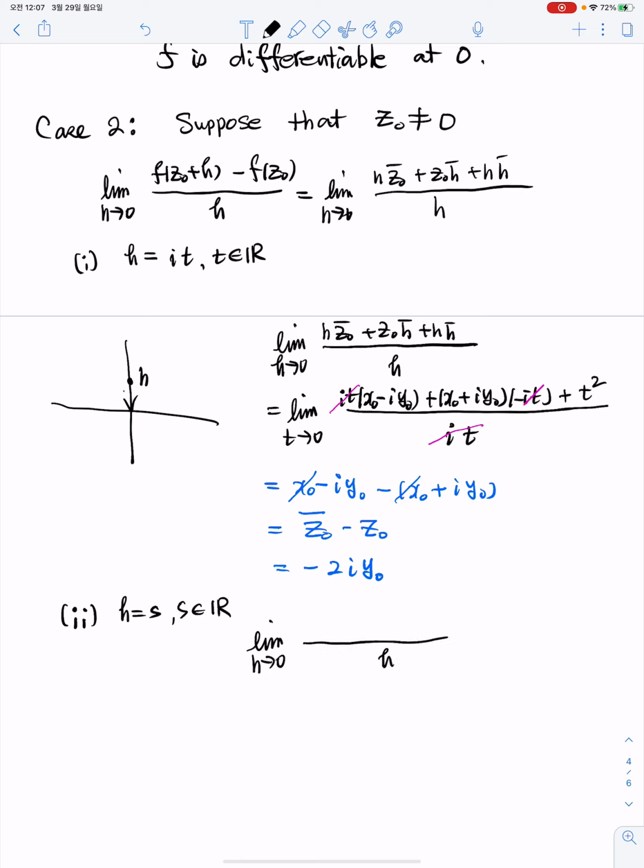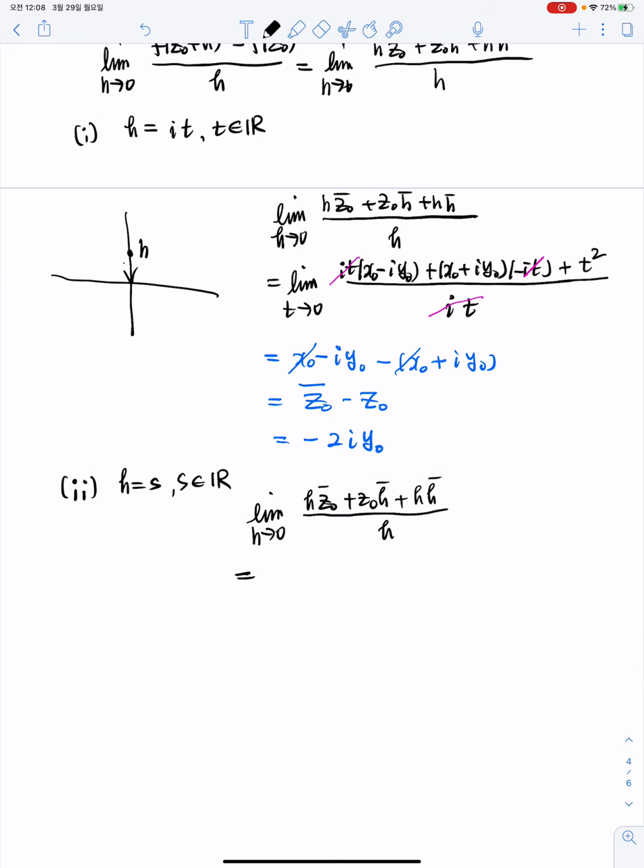Replacing h by s, as s approaches 0, we get s times z0 conjugate plus z0 times s over s, which implies we have z0 conjugate plus z0.